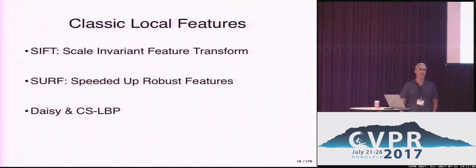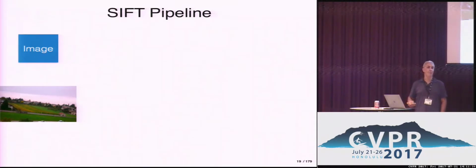What are these classic local features? For a SIFT, I've mentioned it a lot. Then SURF, which is a more efficient SIFT. And then a few more recent ones, especially for dense matching, which is DAISY, which is a dense SIFT, if you want. So how does the original SIFT pipeline work?